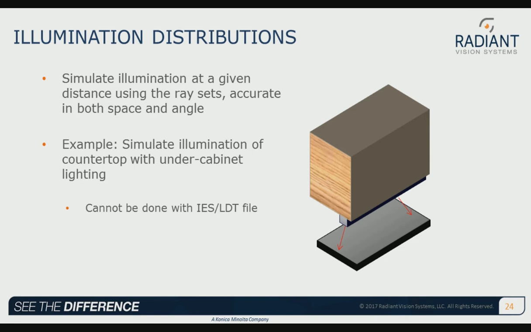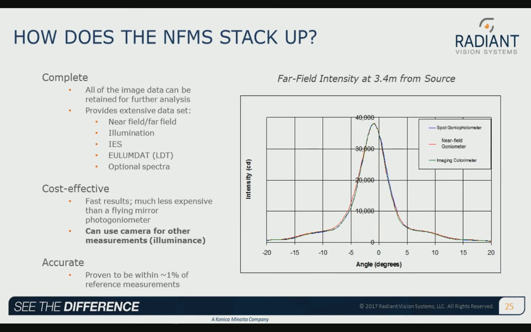You wouldn't be able to do this accurately with an IES file alone because the IES file can only predict what's going to happen very far away from your light source. But in the case of cabinet lighting and the like, you're not working very far away from your light source, and the spatial extent of that source is going to matter in the illumination pattern that's created on the surface that is closer to the source.